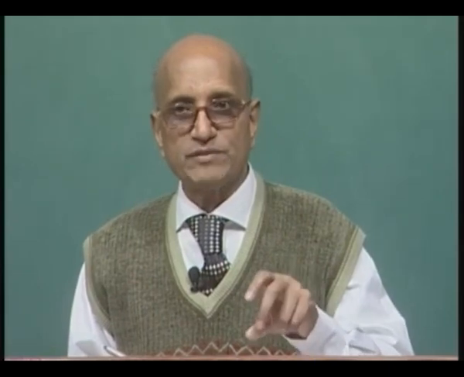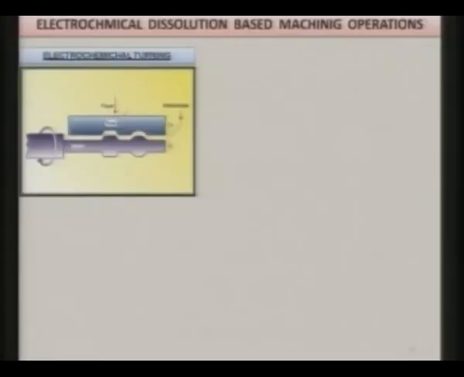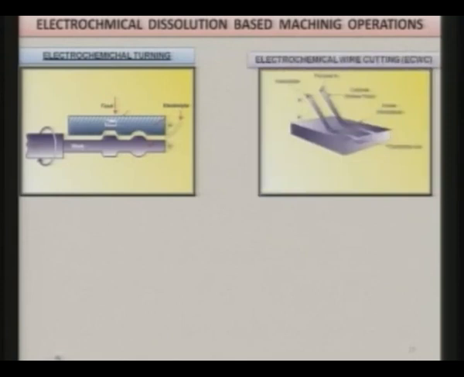Finally, when the component has been made, you will find that the inter-electrode gap is more or less constant, which will depend upon the design of the tool. So, this is the cathode, this is the anode, and electrolyte is flowing in this direction, and very hard materials and superalloys can be turned like this rather than turning them by traditional turning operation.